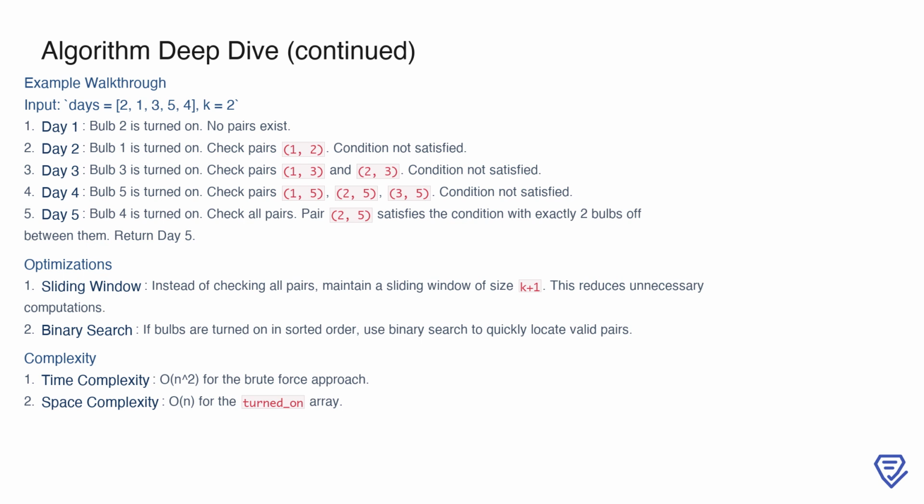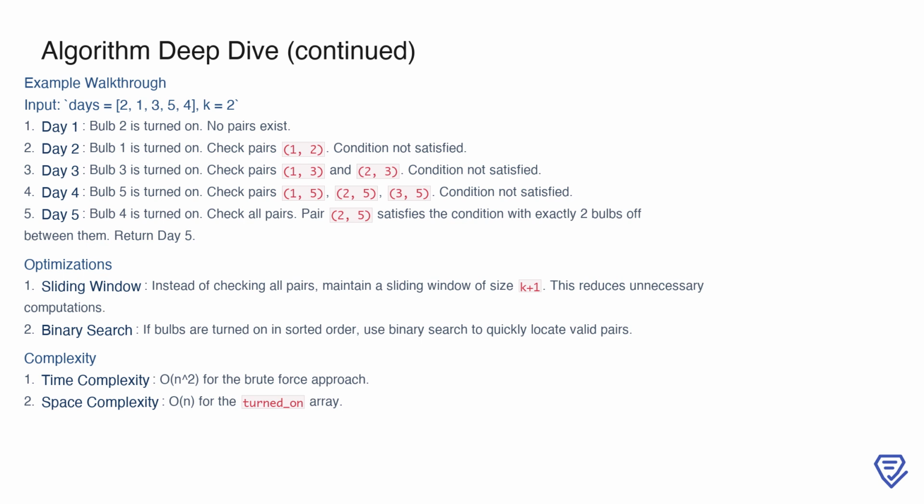On day 4, bulb 5 is turned on, and we evaluate pairs like 1, 5, 2, 5, and 3, 5, but still no valid pair is found. Finally, on day 5, bulb 4 is turned on, and the pair 2, 5 satisfies the condition with exactly 2 bulbs off between them. Thus, the result is day 5.